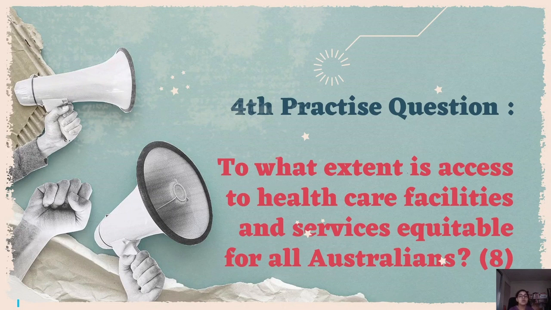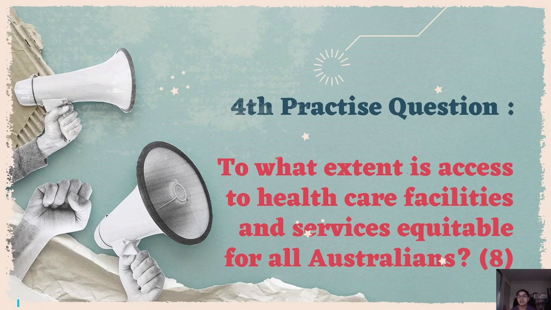So when they mean healthcare facilities and services equitable to all Australians, what's the first thing that comes into your mind? And this is part of Core 1, and we've kind of looked at this in Core 1. What is the system in Australia that allows, to some extent, for healthcare and healthcare services to be equitable for everyone? Any answers?